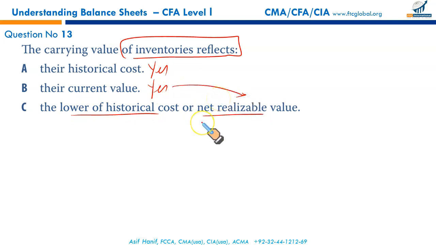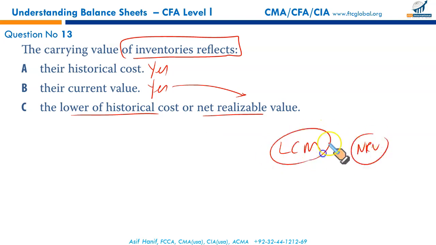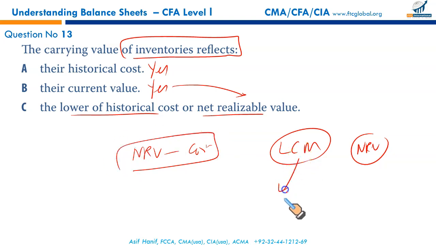I told you there are separate treatments of inventories under US GAAP and IFRS. US GAAP has two treatments, the LCM rule and the NRV rule. They are treated separately for different valuation-based inventory. But under IFRS, you just have NRV versus cost, whichever is lower. And in this LCM rule, gentlemen, yes, current value is there.